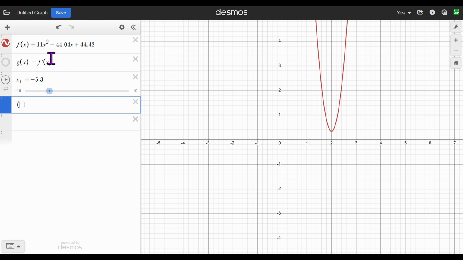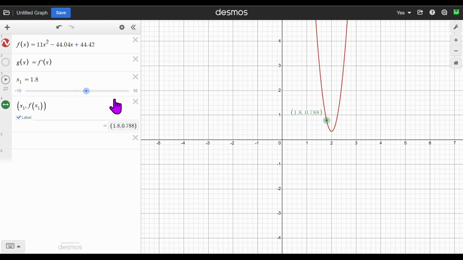What is that point? If I give x1, comma, f of x1, this is what would indicate a point on the graph. So this is the point. I'm moving here and there, and you can visualize the point. Let me restrict it to minus 5 to 5.